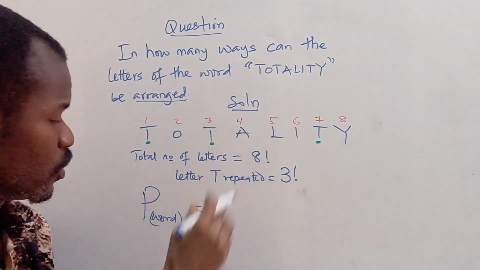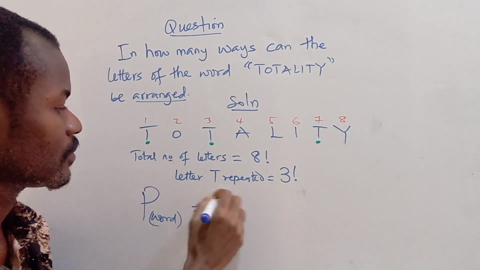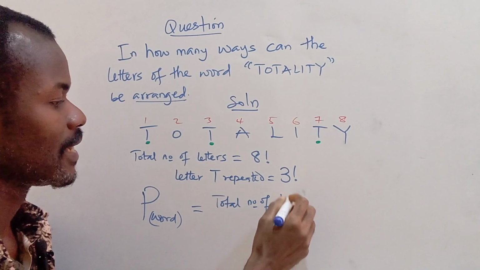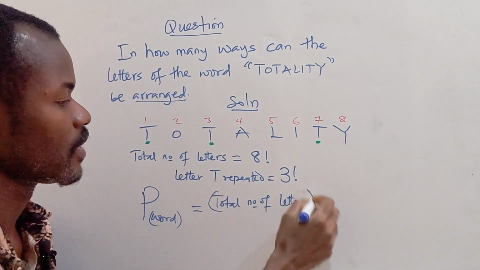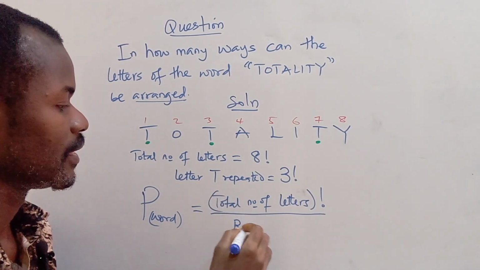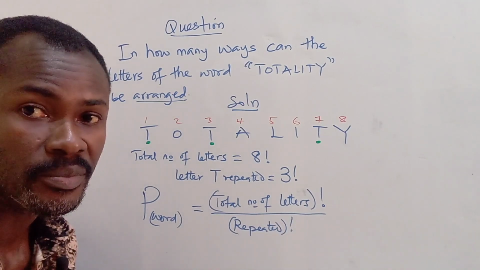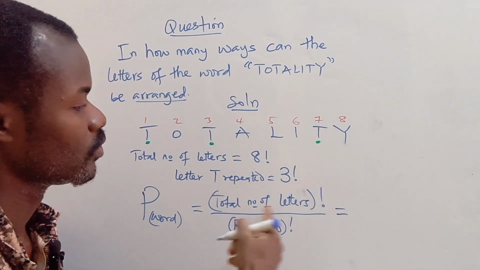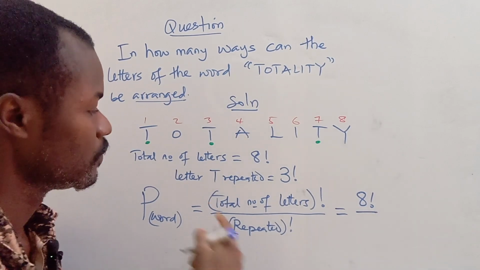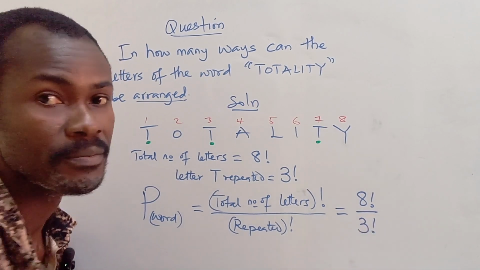So for words like totality, all we need is the total number of letters factorial, divided by the repeated letter factorial. So in this case, we have our total number of letters as 8 factorial divided by letter T repeated 3 times, so we have 3 factorial.